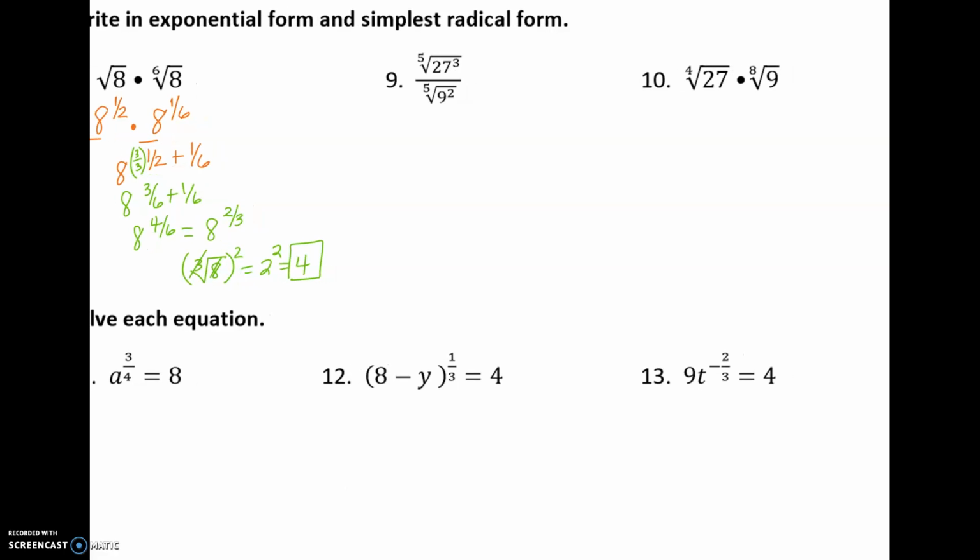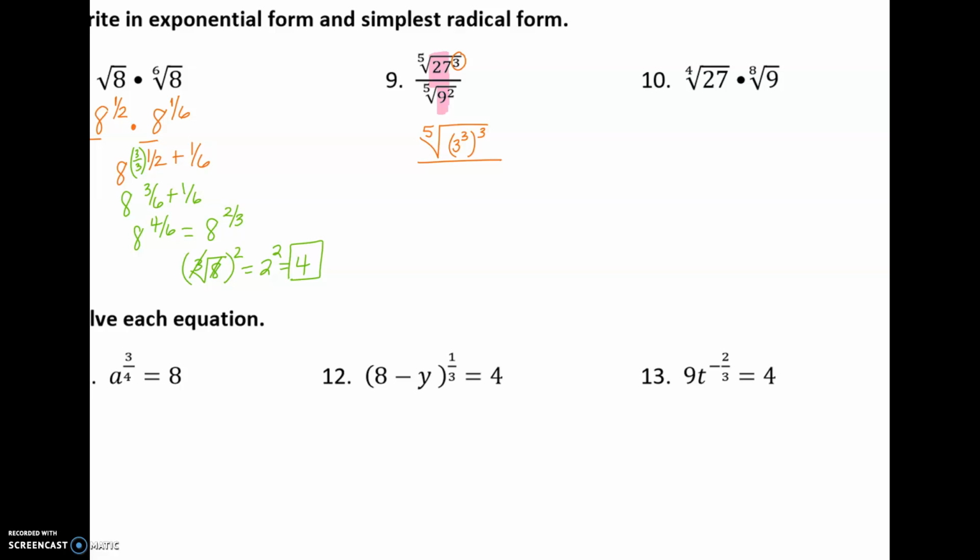The 5th root of 27 cubed divided by the 5th root of 9 squared. Okay, so you have to try to make connections about these bases. And the connection I can make is that I know that 27 is equivalent to 3 cubed. But I also have this other 3. So this is 3 cubed.